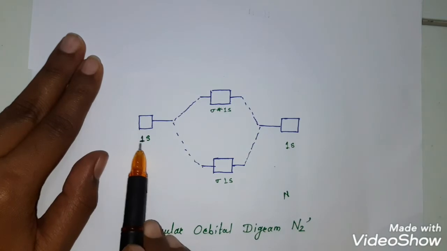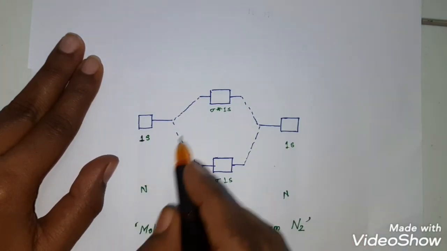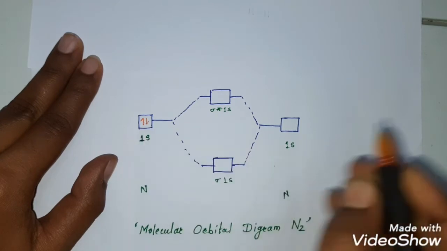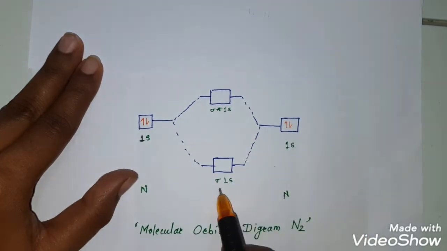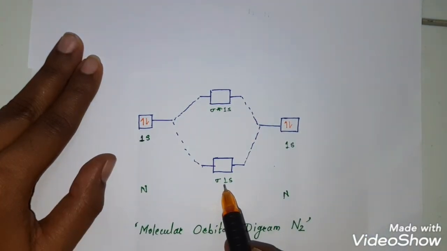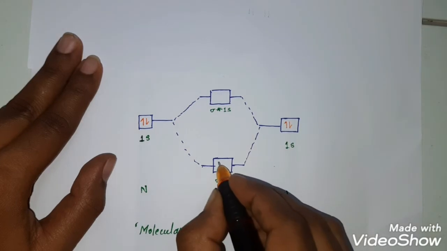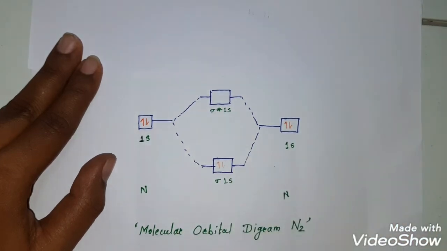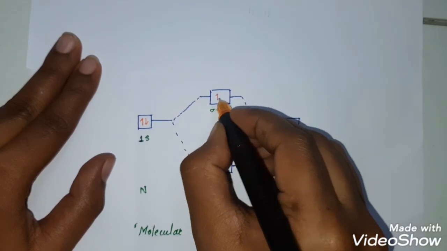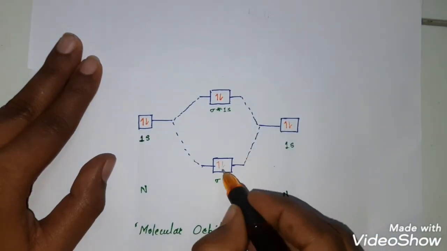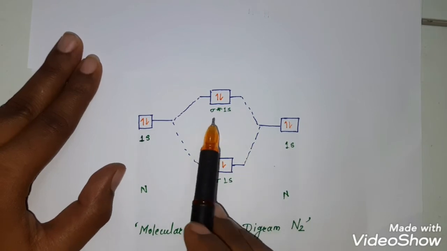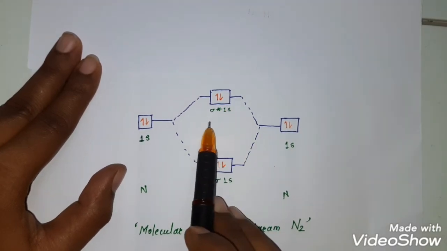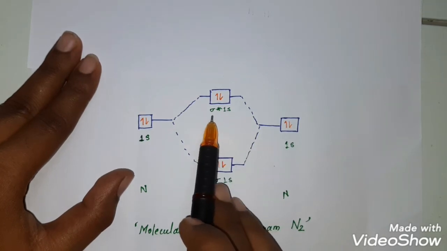Let's take 1s2 for one nitrogen atom and 1s2 for the second nitrogen atom. According to the electron filling rule, the first 2 electrons enter the sigma orbital, that is the bonding molecular orbital, and the next 2 electrons enter the antibonding molecular orbital, that is sigma star.